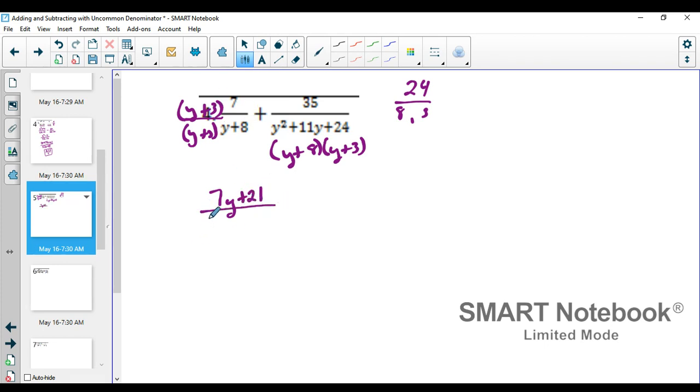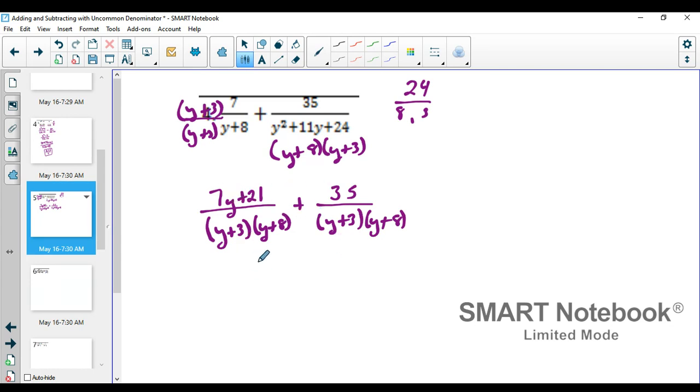And just leave this as the factored expression y plus 3 and y plus 8. And then plus 35 over y plus 3 and y plus 8. And yeah, I know the order is different up here, but it does not matter when you're multiplying sets of parentheses. You can switch their order.